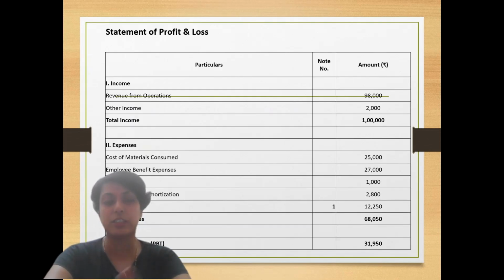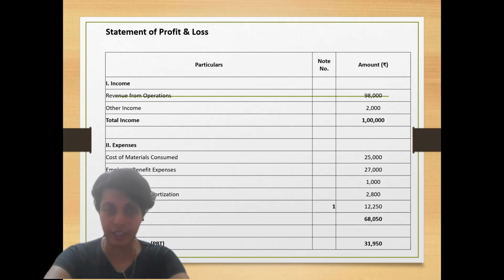That answer is taken here in the statement of profit and loss, and that working note number we have included under the notes. And then we have to deduct the expenses from the incomes and we get the profit. I repeat, first comes the revenue from operations, that is the sales, which is given in the question.